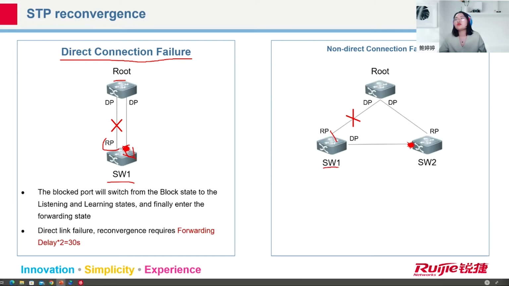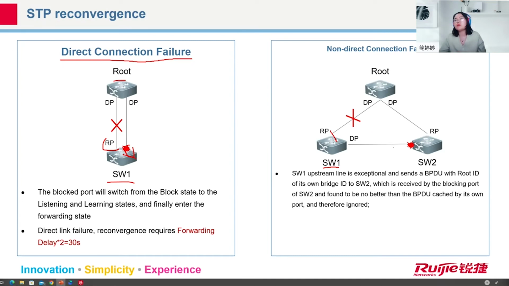Switch 1 will find that my connection to the root is down, so switch 1 will think, I am the new root, because it cannot communicate with the root on the network. So I will send out the BPDU to switch 2, saying I will become the new root. But switch 2 will ignore it because I know in our network the root exists.